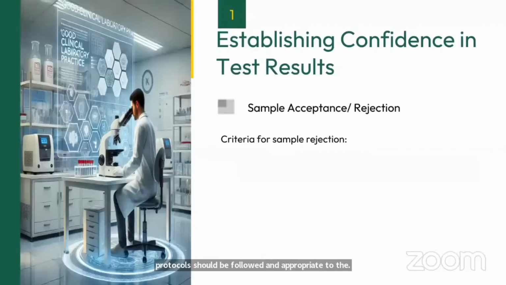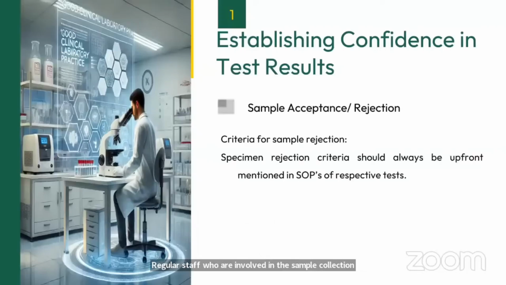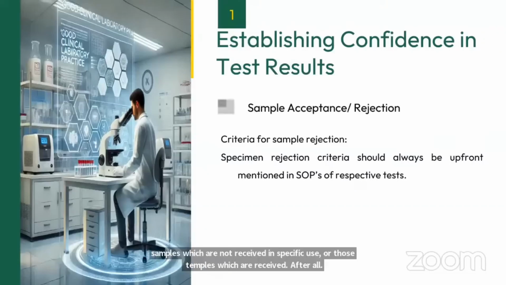So appropriate protocols should be followed and appropriate information must be communicated to the relevant staff involved in the sample collection practices. Now, what are the criteria for sample rejection? Specimen rejection criteria should always be mentioned upfront in the SOPs of the respective test. So the criteria should be predefined, like what specimens you are going to reject: unlabeled samples, samples not received in specific preservatives, or samples received after a fixed time or after an excessive time lapse between collection and transportation.